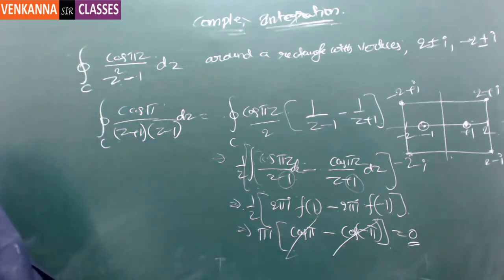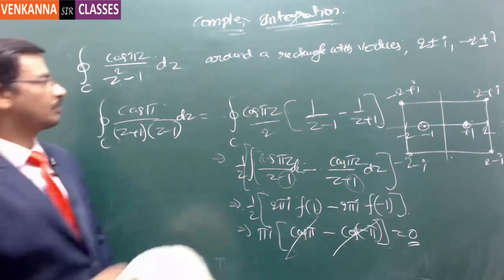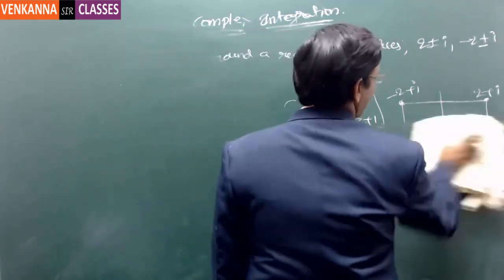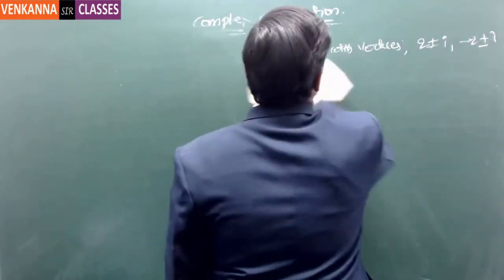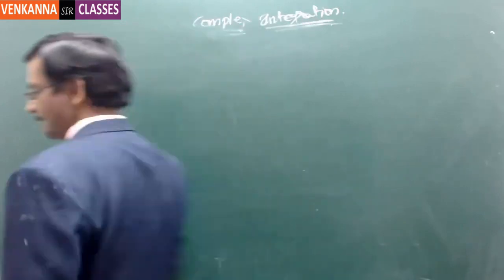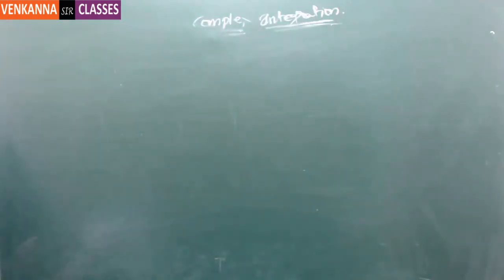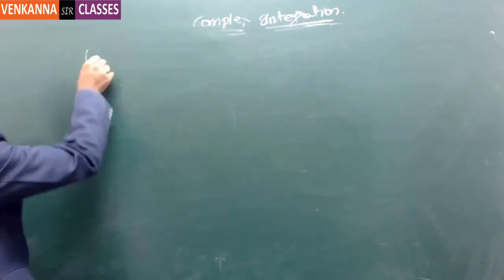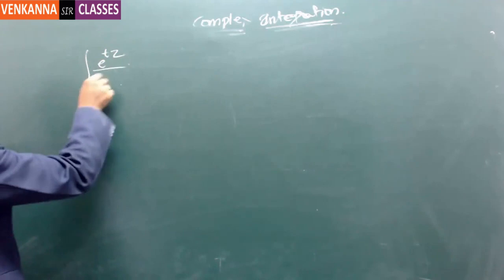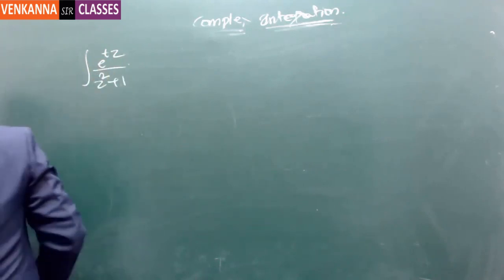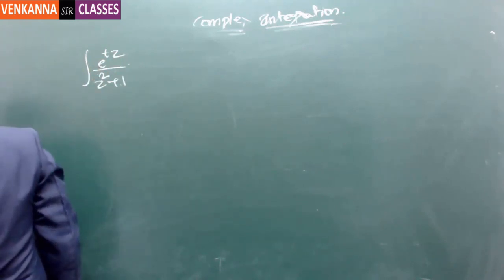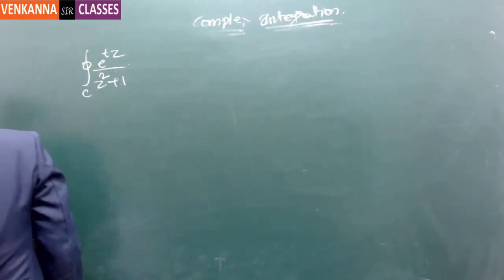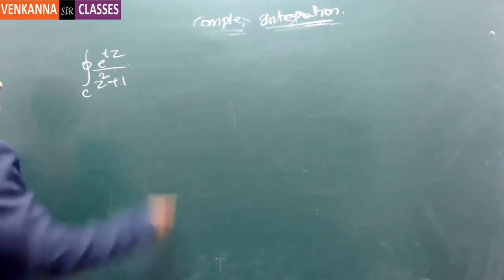So note down one more. Integral e power tz divided by z square plus 1, integral over the contour C, where C is the circle mod z is equal to 3.